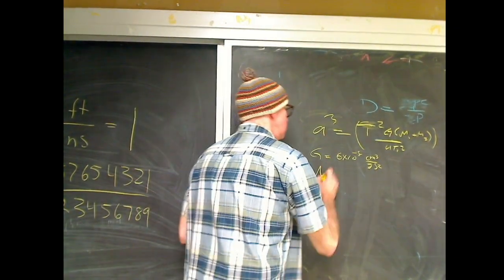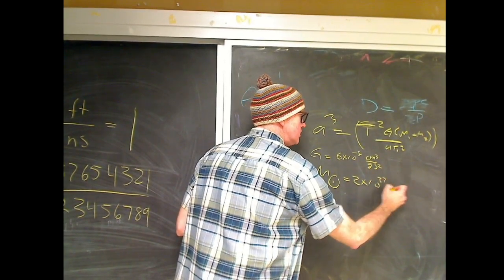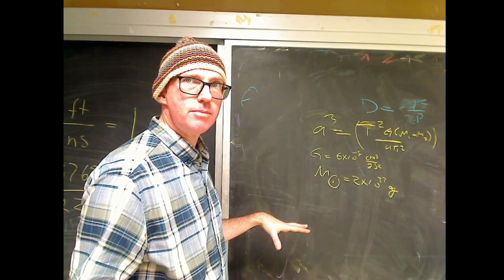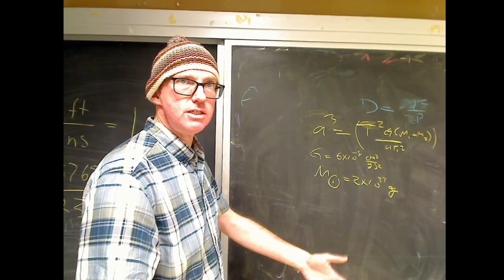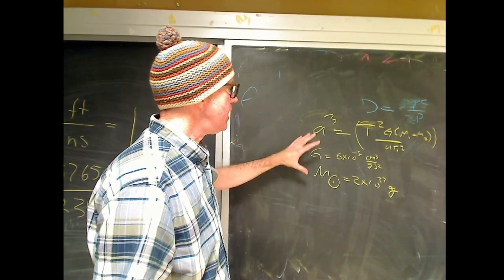And a solar mass is 2 times 10 to the 33 grams. You can look those up. This is the easiest way to do this kind of problem, is put everything into CGS and then get it back. But you got to be careful when you're doing that.